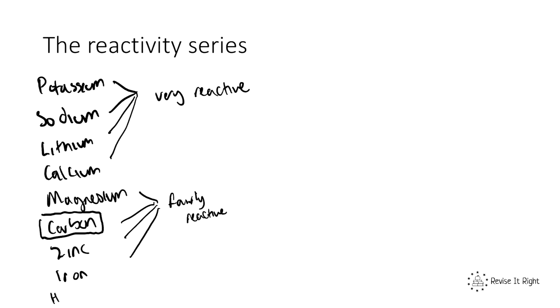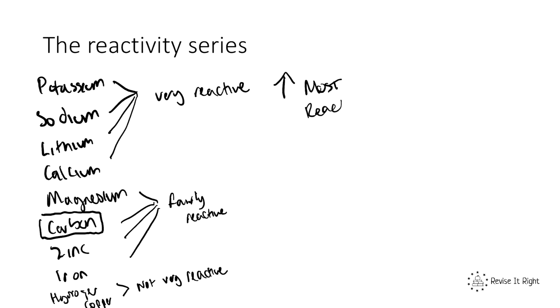And then hydrogen and copper are really described as being not very reactive. So as we can see from here, at the top we have our most reactive, and as we go down they get less and less reactive until the bottom where we have the least reactive. This is the reactivity series.